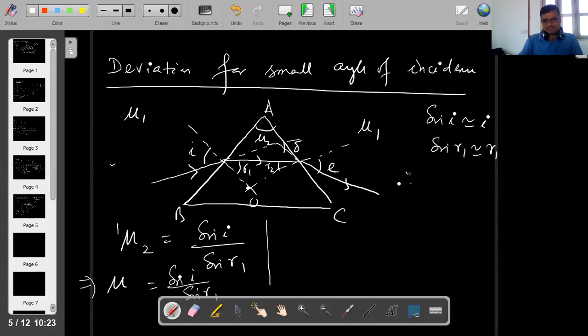So what will we get? Therefore mu is equal to I by R1, or I is equal to mu R1. Write down.